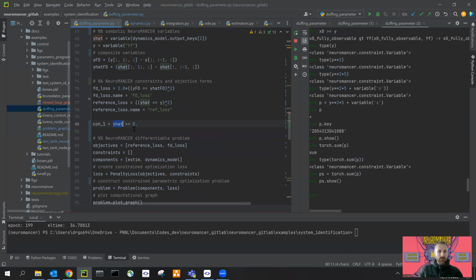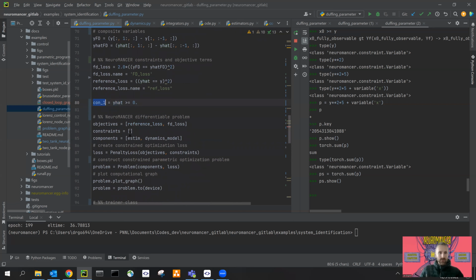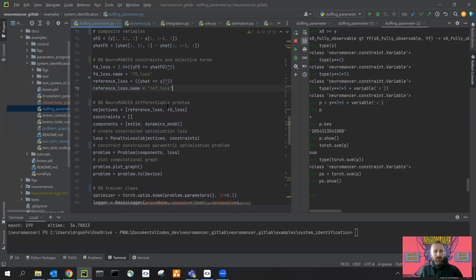So you want to penalize that your predictions are always positive, and then you would hand over this constraint to the list of constraints. And you can go on and on. You can even make this programmatically, create different for loops. And you bring everything together in this penalty loss. The penalty loss takes in objective terms and constraint terms and aggregates them.